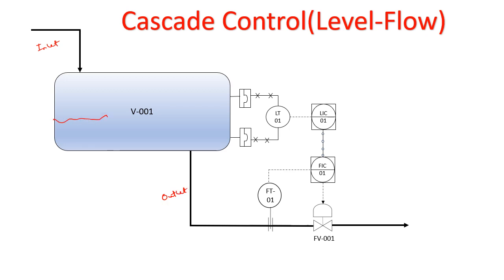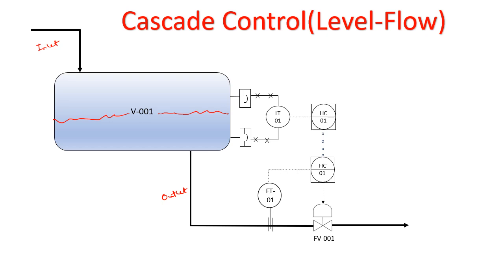And maintaining the level of this vessel is important because you don't want overspill, because of safety reasons, and also the level should not go very low because that may cause the downstream equipment to malfunction. Like if there is a pump at the downstream of the valve and the level goes very low, the pump may get damaged due to the dry run. Okay, so that is the reason why our level should be maintained.